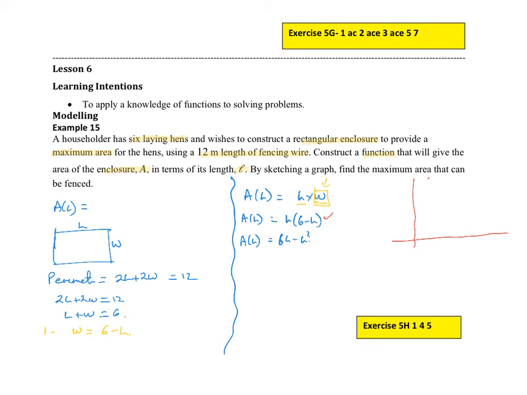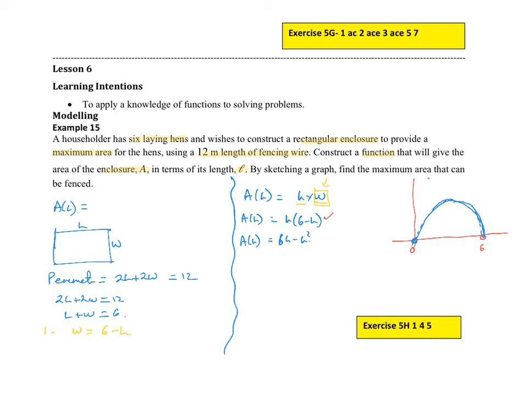The intercepts are going to be at 0 and 6, and I'm going to put them as hollow dots because I can't have a length of 0 meters or a width of 0 meters, or a length of 6 meters I should say, because that would make the shape not a rectangle. So it's a negative parabola. So it's not the best parabola. And I'm only going to draw it over that section there.